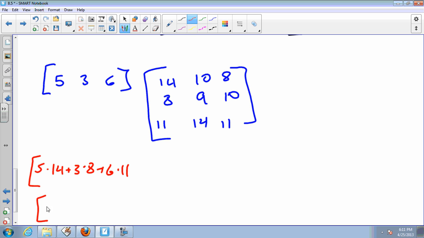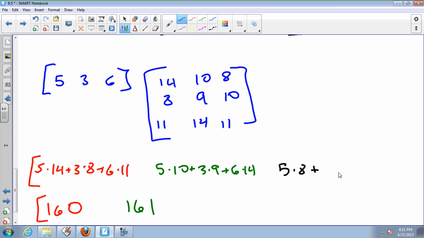That goes 160. 5 times 10 plus 3 times 9 plus 6 times 14 goes 161. And 5 times 8 plus 3 times 10 plus 6 times 11. That goes to 136.